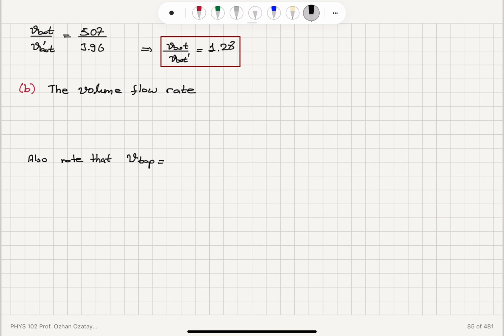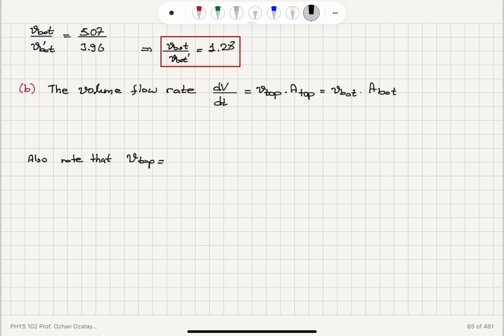Now the volume flow rate, remember, is dV/dt, the top surface speed multiplied by its area, which is conserved. It is the bottom speed multiplied by the bottom area.